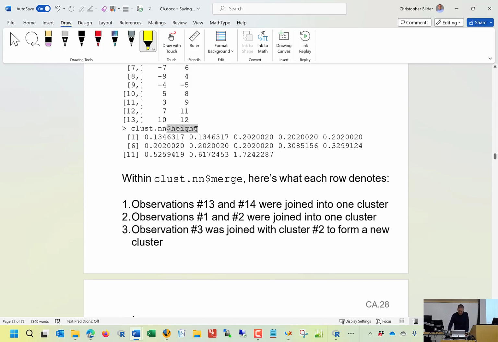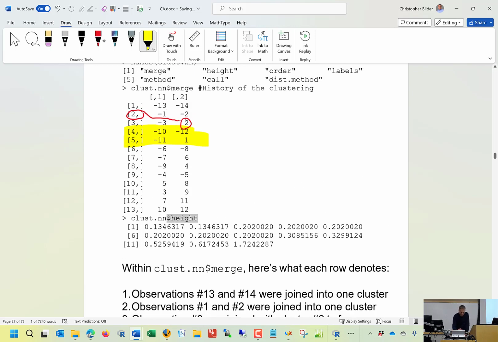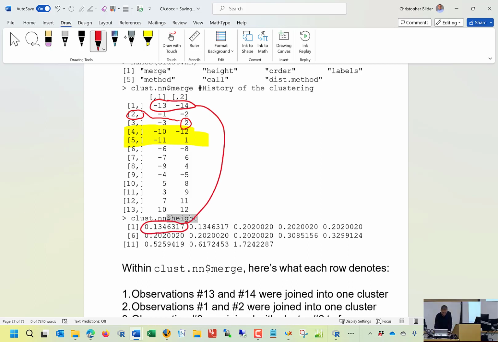Next, we can look at the height component of clust.nn, and this actually gives you the standardized Euclidean distance. So to do the 13 and 14, when that was formed, that was at a distance of 0.1346. So why is this called height instead of distance?